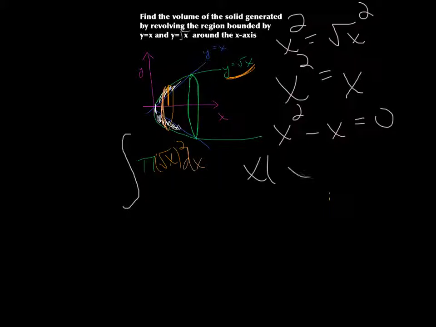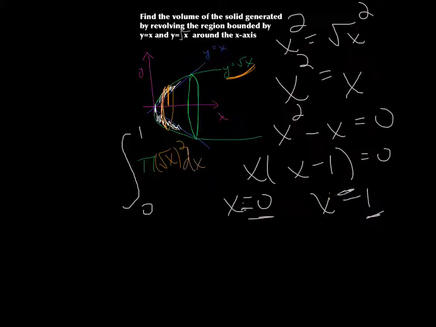So you'd get x times x minus 1 equals 0. So x equals 0 and x equals 1. So the boundaries of the integral are from 0 to 1. So all of this would be the volume of the outside.